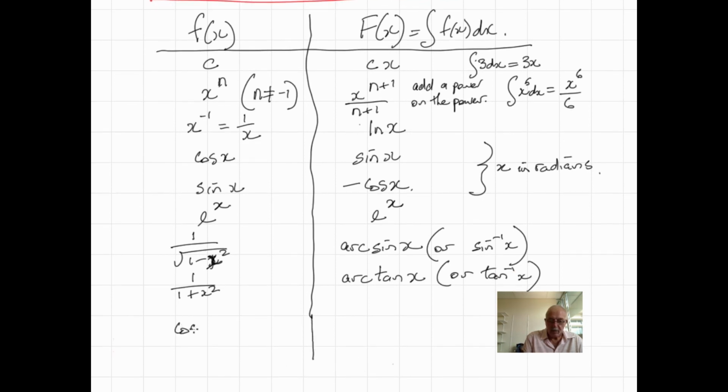The integral of cosh x is sinh x, and the integral of sinh x is equal to cosh x. But different to cos and sine, we don't get negatives. The integral of cosh is sinh, and the integral of sinh is cosh.